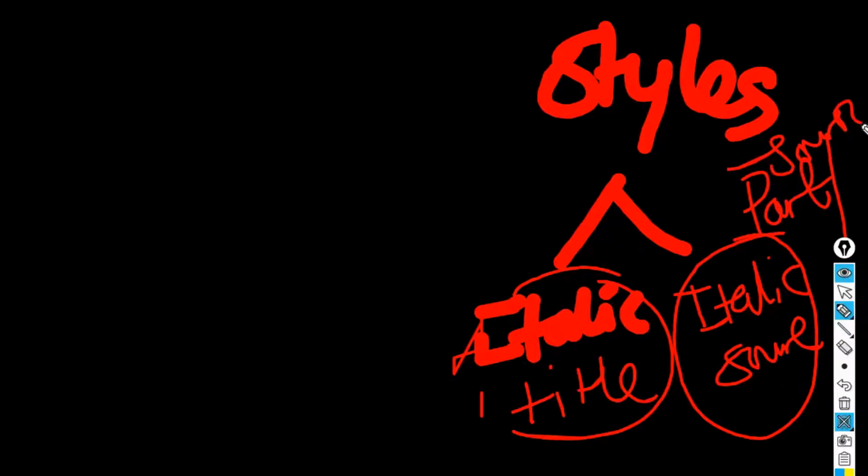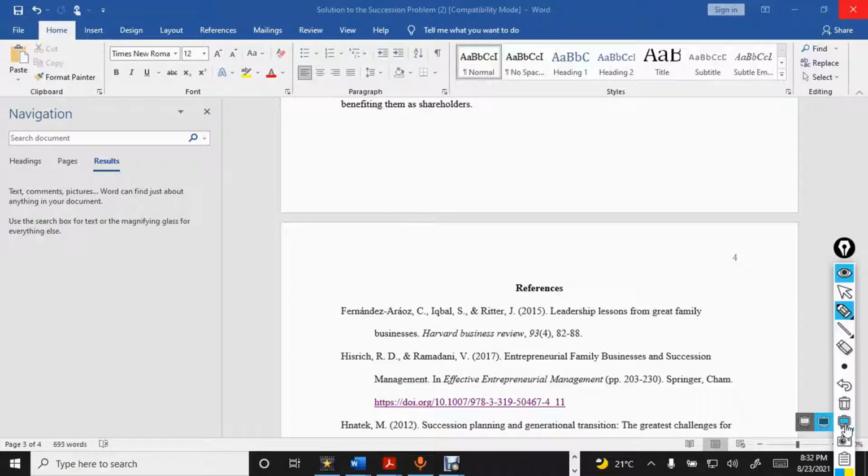If it is a book, because a book is standalone, you just italicize the title. And then the other sections that are in italics are usually these numbers here.